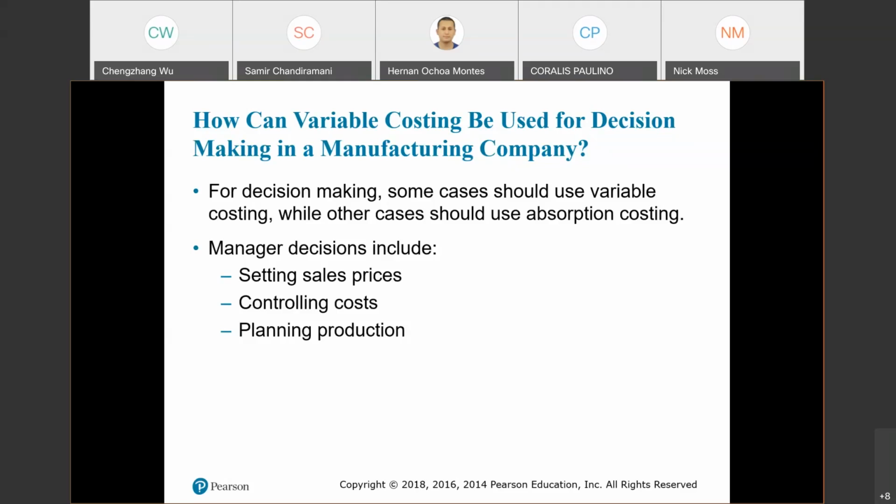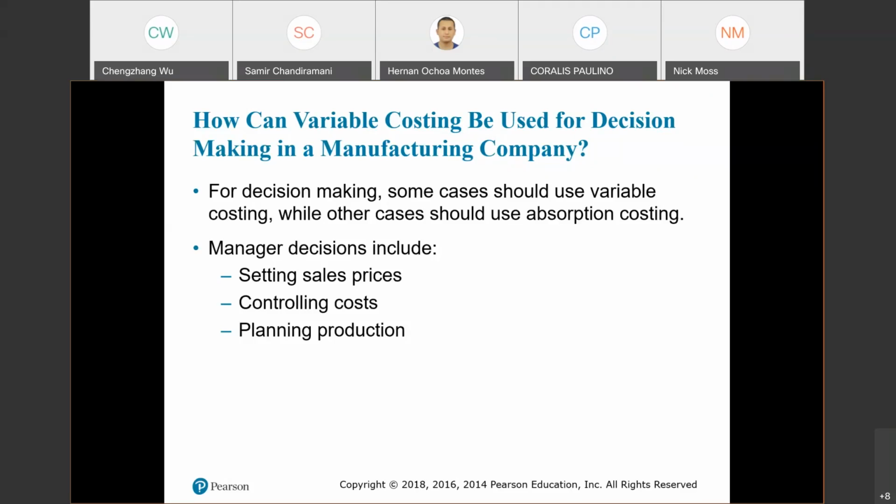Even though the cost of occupying the manufacturing facility is controllable, it is a decision made by upper management. The production supervisor does not control this cost. So most fixed manufacturing costs are controlled by upper management.